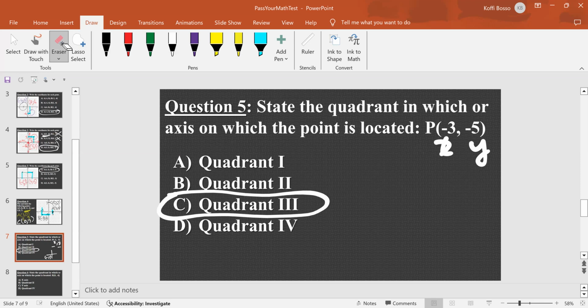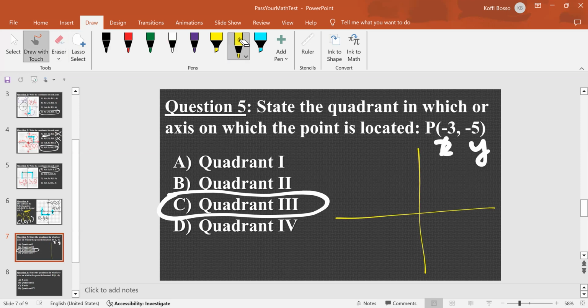Another way to understand this question is that you can plot the point to see where it is located. So suppose I have x, y coordinates. -3 for x: 1, 2, 3, I have a -3 here, and -5 for y: 1, 2, 3, 4, 5, -5 here. So I will make this, and then my point will be somewhere here.